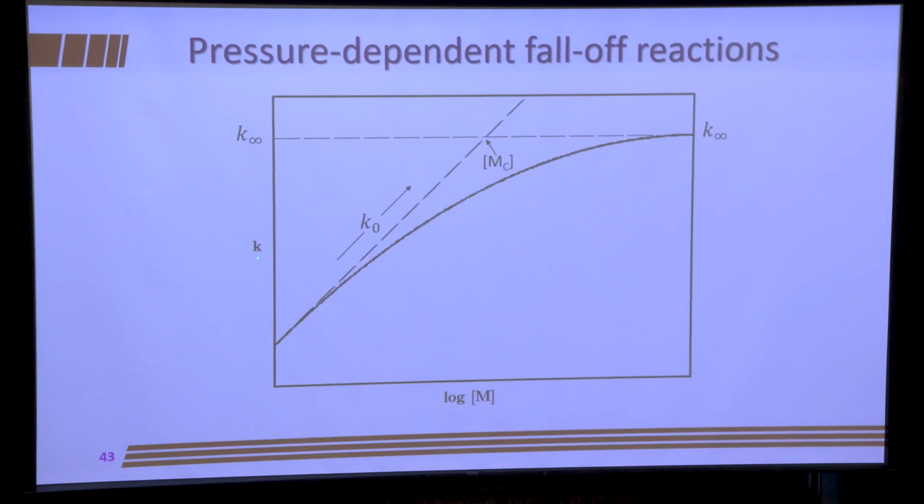So if we plot rate constant on the y-axis versus log M, we see the rate constant does increase linearly. So k0, this is the low pressure rate constant, increases linearly for low concentrations of M. But as M concentration gets higher, it starts to asymptote out and then reaches this high pressure limit at high concentrations of M. And so the true rate constant of reaction is not k0 or k infinity.